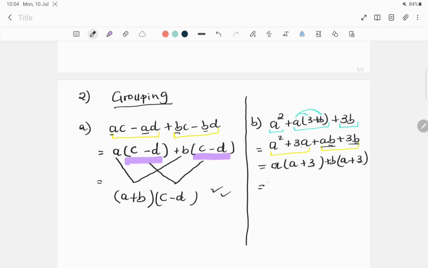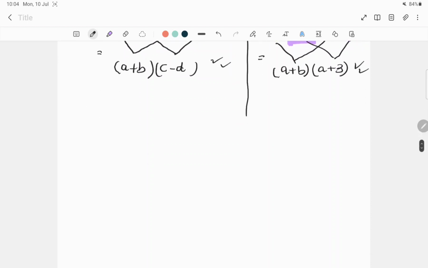Then I'm going to do my tata and te. Remember, these 2 brackets are the same now. So I'm going to do my ta in one bracket, so it's going to be A plus B. Then te in one bracket, it's going to be A plus 3. Then I've factorized.